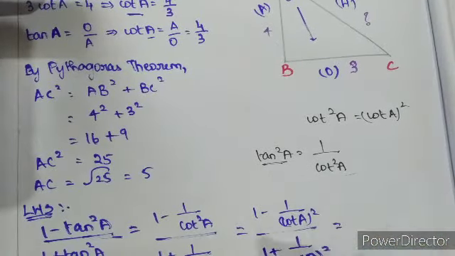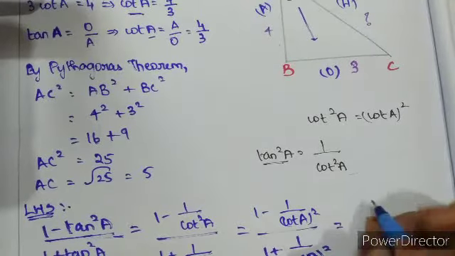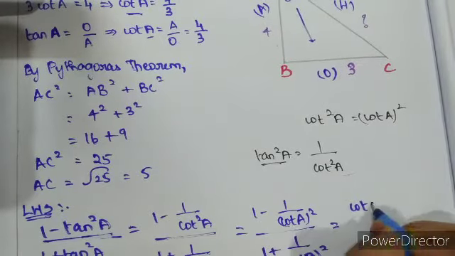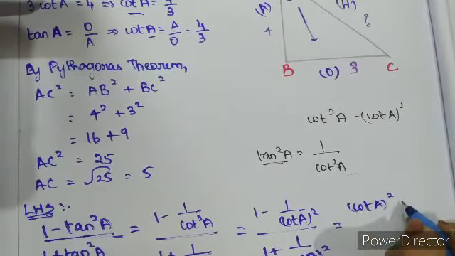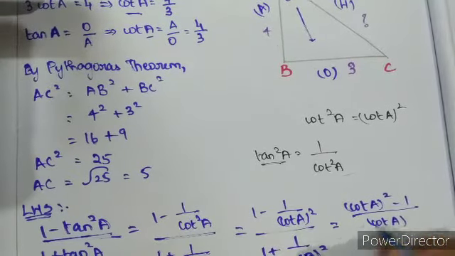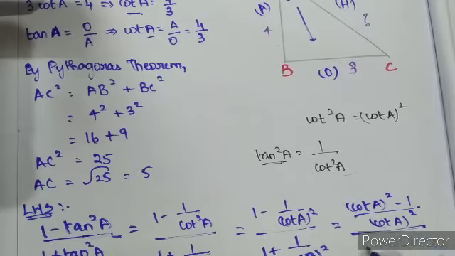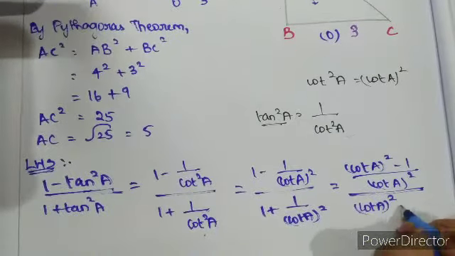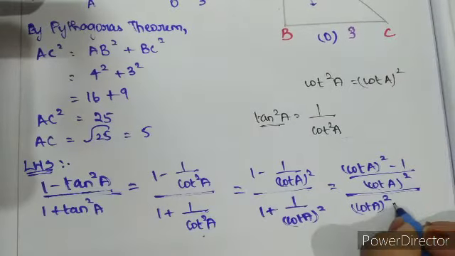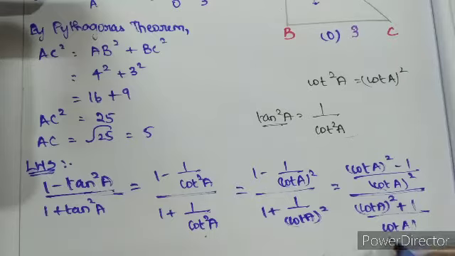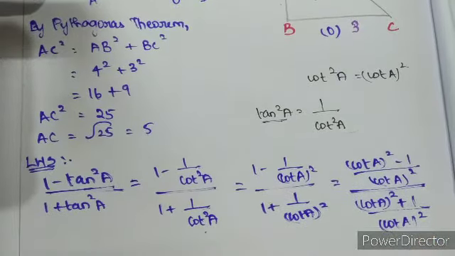So now I am going to take the LCM. When we take the LCM, we get cot A the whole square minus 1 by cot A the whole square, divided by cot A the whole square plus 1 by cot A the whole square.